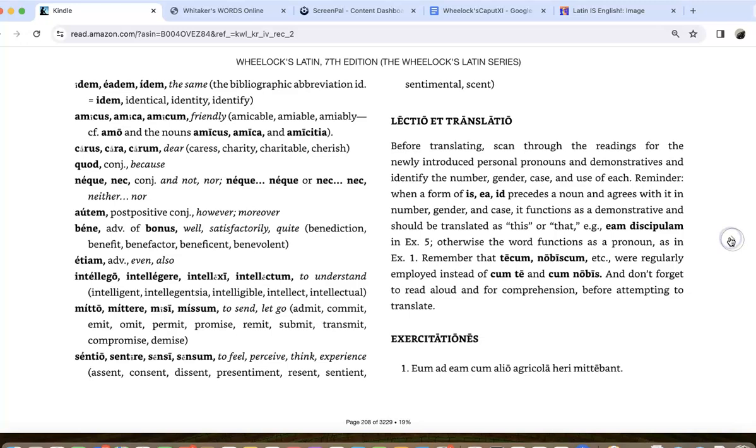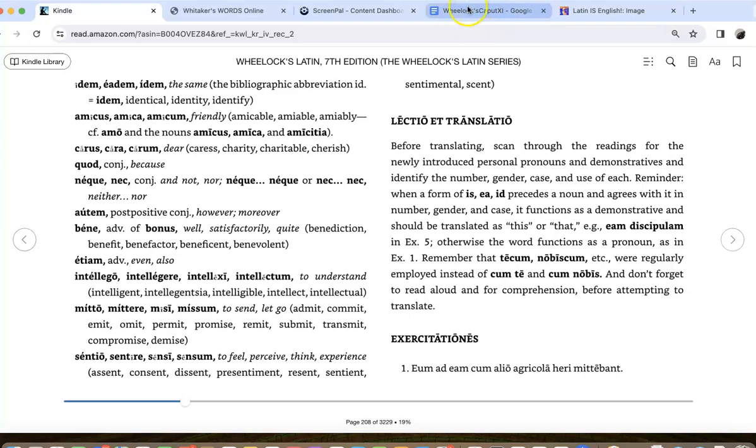we're going to go back and look at the example. In fact, here's our verb. To feel, to perceive, think, experience. And then you can see all the words in English that come from this Latin word. As you know by now, just choose one of them. So think or perceive is probably your best option.